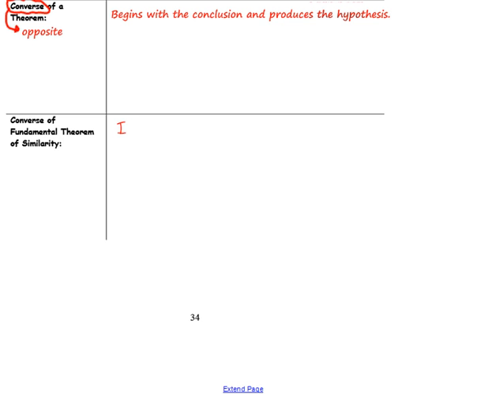If PQ is parallel to P prime Q prime, and the length of P prime Q prime is equal to a scale factor times the length of PQ.